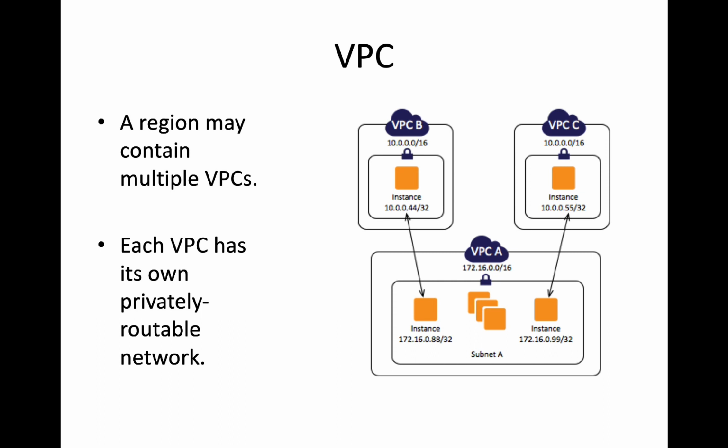Now, in reality, if you're working for a large organization that has many VPCs, generally each VPC will have its own unique network block, and they won't have overlapping network blocks, and that's for peering purposes, which we will discuss later in the lecture.